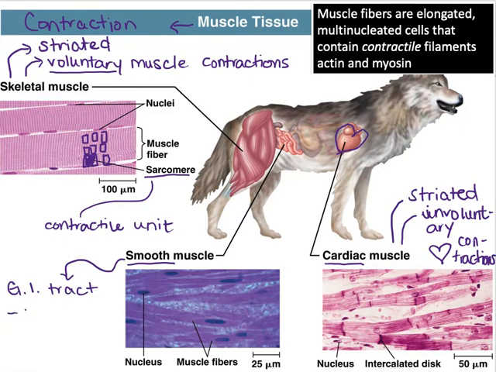It is not striated, unstriated, and it's involved in involuntary muscle contractions. We do not control the movement of food along our GI tract.